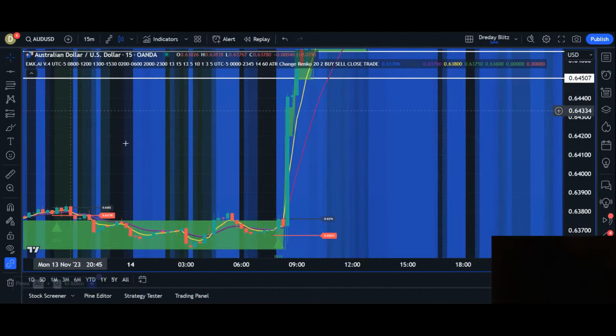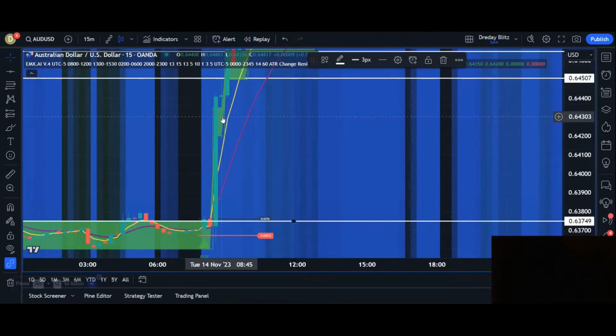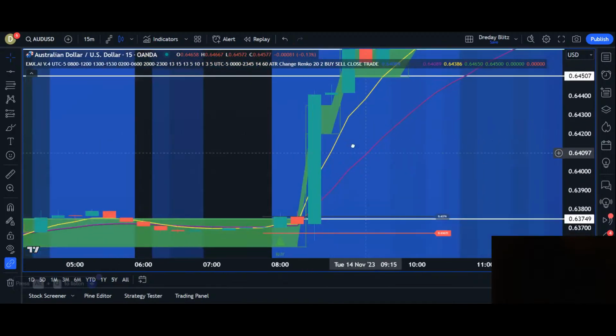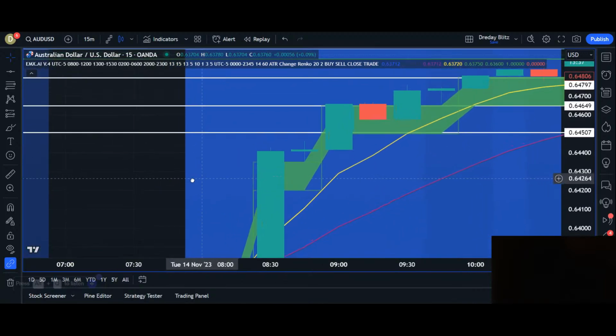Especially if you have a big move like this and you don't see the Renko bar, maybe zoom in, and it's going to give you some actual Renko bar zones that you could plot.